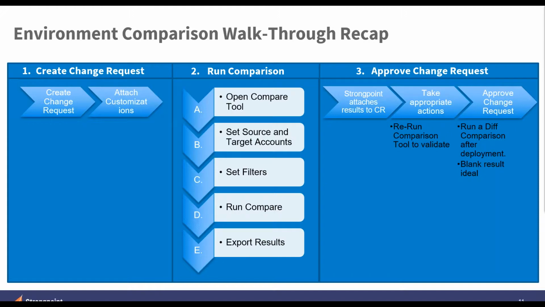Once that has been done, you can go in and approve that change request. And after approving the change request, your deployment will take place. And after your deployment is done, you go in and rerun the comparison by doing a differential comparison to make sure that everything was brought over correctly into your production environment. And again, ideally, you would want this result to be blank.